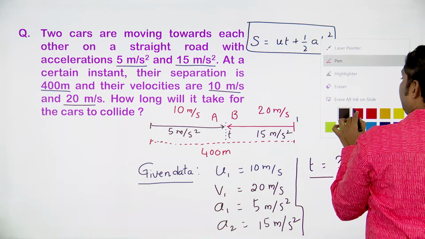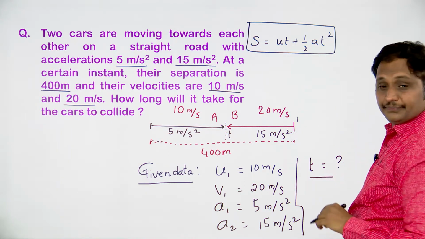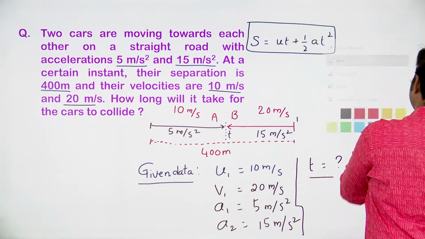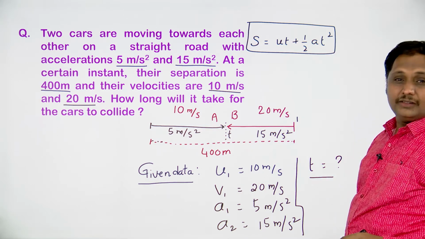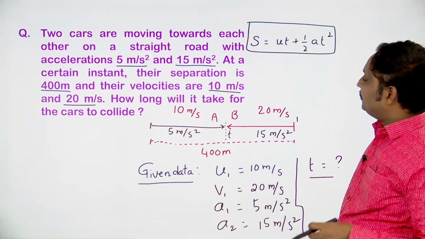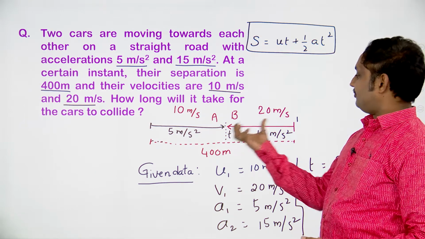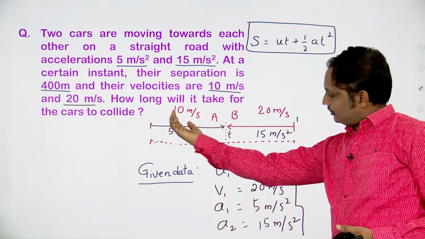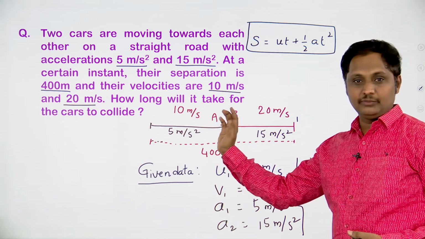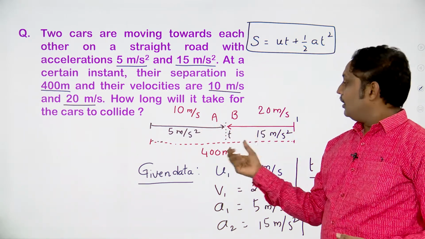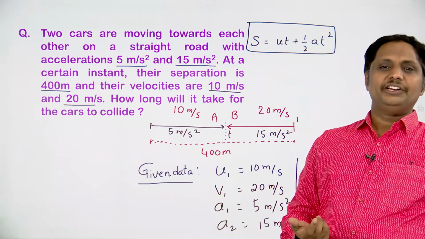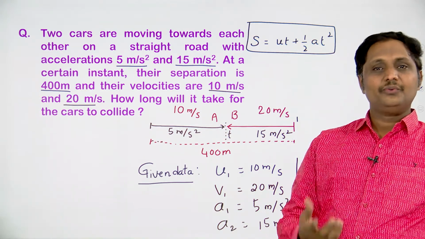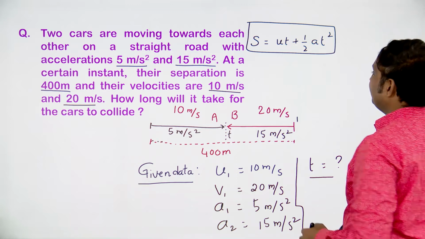Now, if you are looking into that matter, these two are going to approach each other, you have to confirm. First one is going to move in this direction, second one is going to move in this direction. Now you will take the concept of relativity, that is the relative velocity you have to consider.